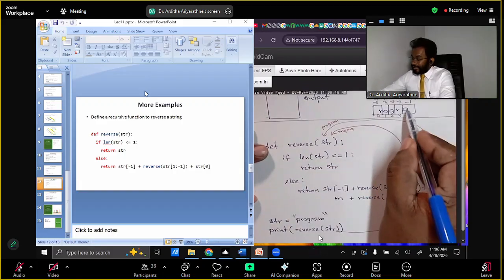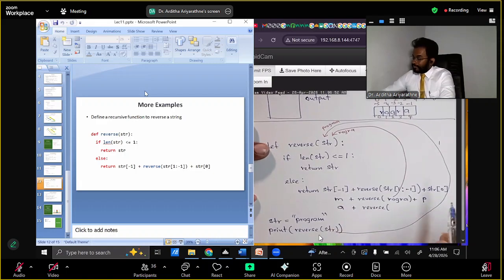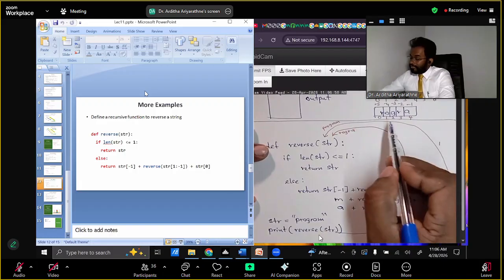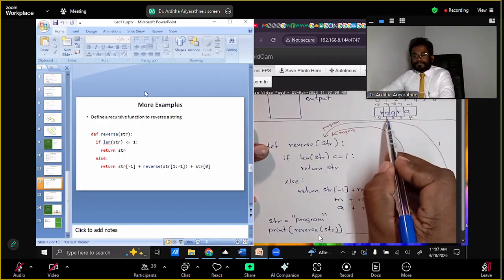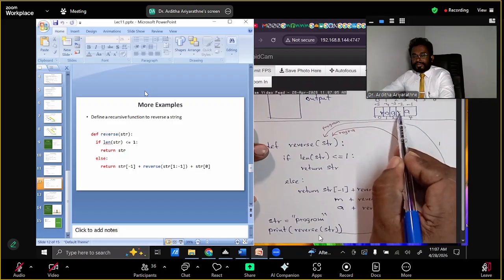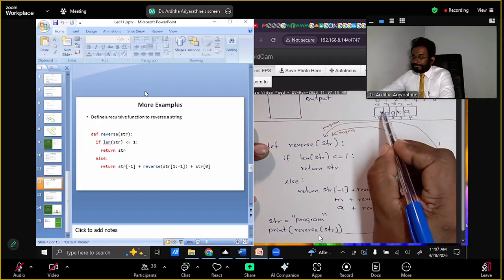Minus 1 means A. Now we are calling reverse. Starting from 1, we continue up to minus 1. 1 means O. Continue up to minus 1 means we have to stop before this. OGR. OGR. Then str[0] means R.